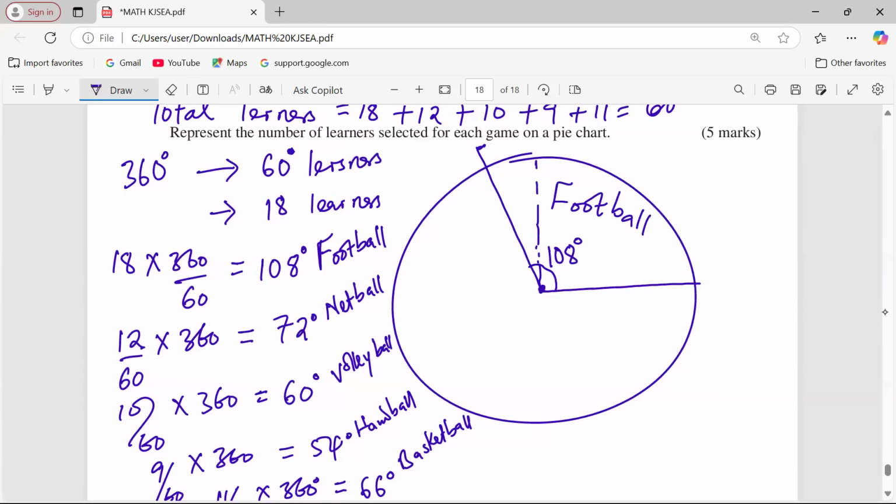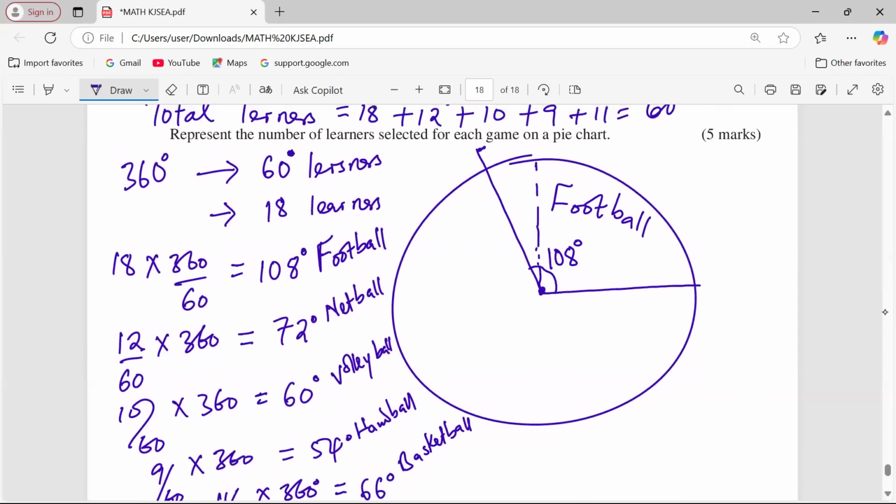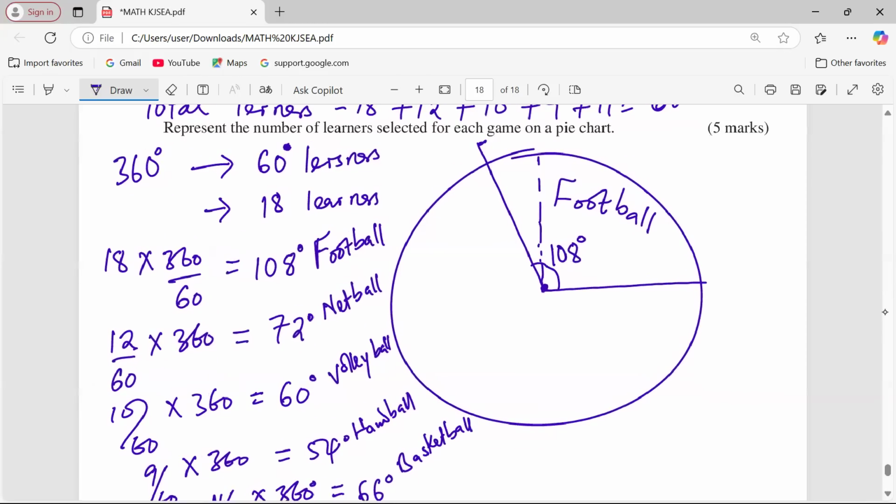That way. Then the next angle to be measured is 72 degrees. So from where 108 has reached, we add 72. We add 72 degrees. So measuring 72 will take us to a point like this.